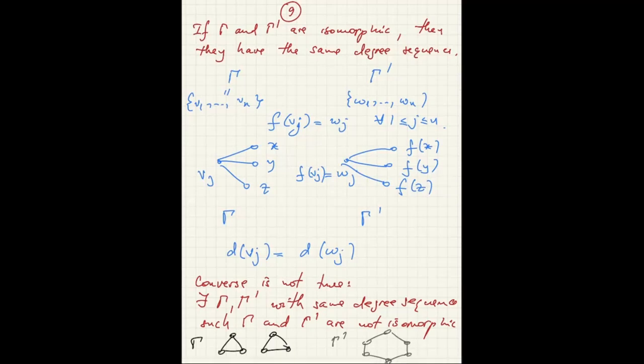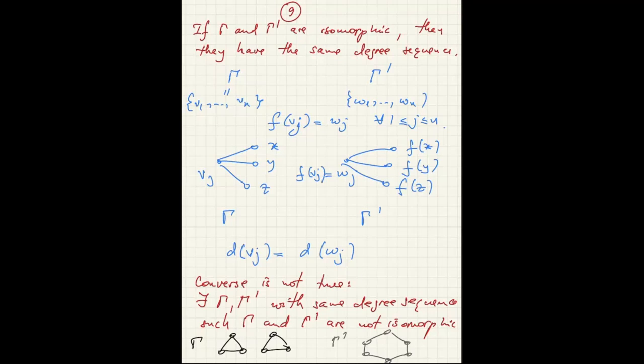So these two graphs have the same degree sequence. In gamma you have 6 vertices, each of degree 2, and 6 vertices, each of degree 2 in gamma prime. But these two graphs are not isomorphic, and you can prove that. We haven't discussed it yet, but gamma is not connected, whereas gamma prime is connected.